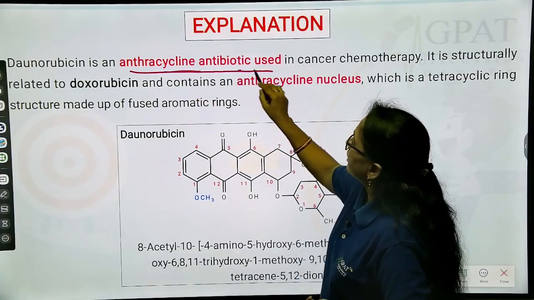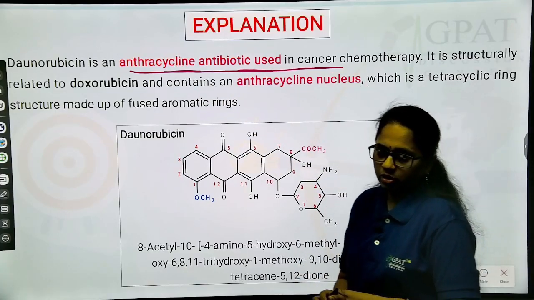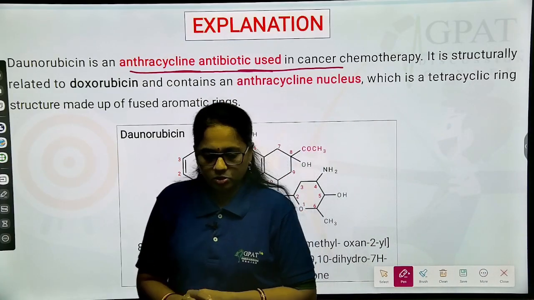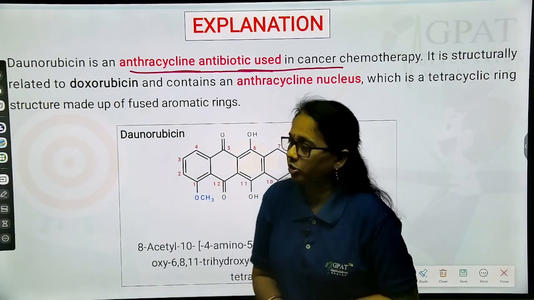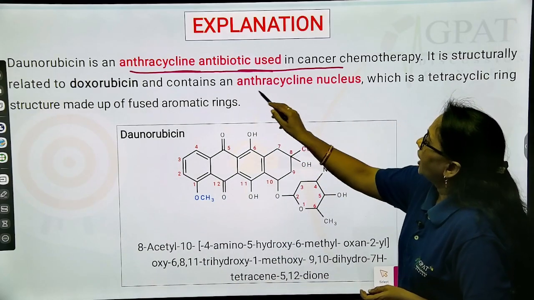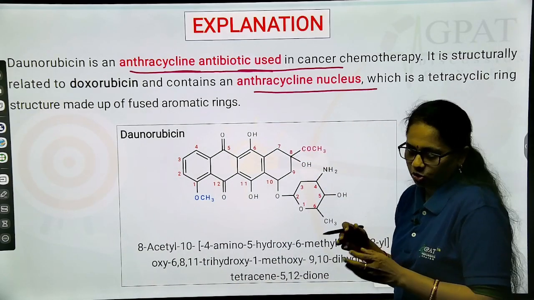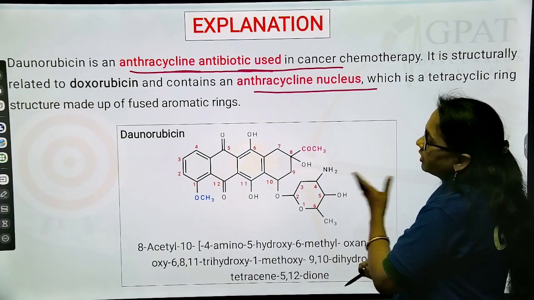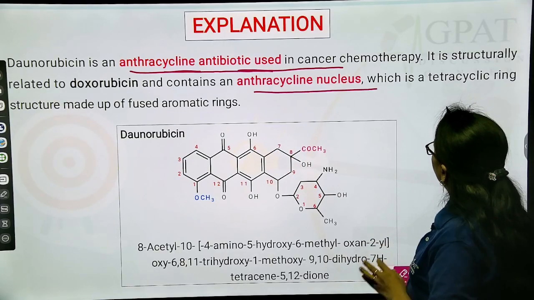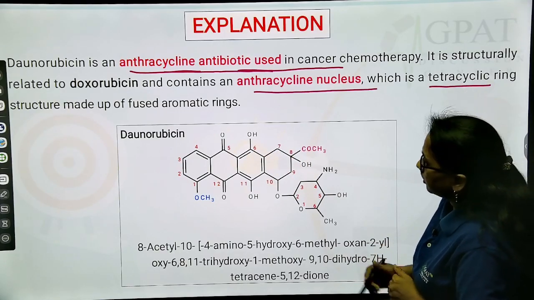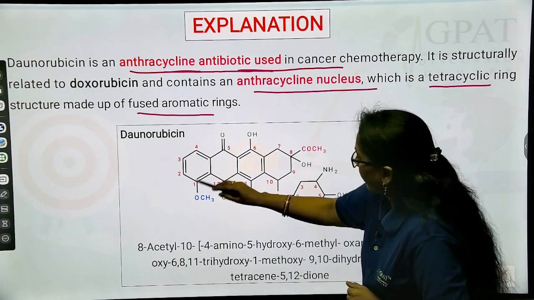So, anthracycline antibiotic is used in cancer treatments. The anthracycline nucleus is majorly present in these two cases, doxo as well as dauno. It is a tetracyclic ring made up of fused aromatic rings.